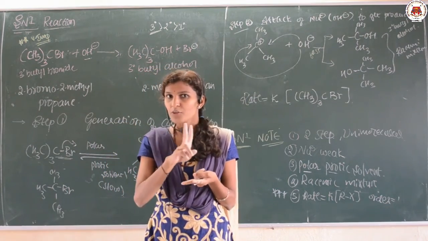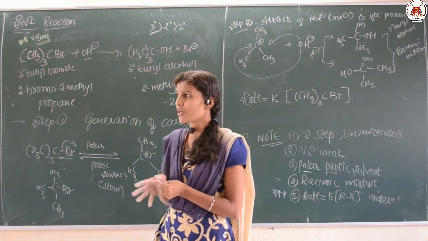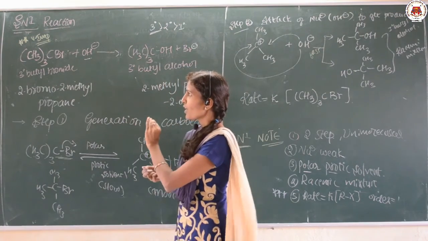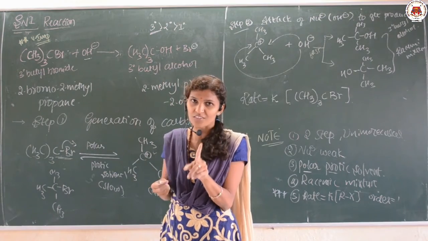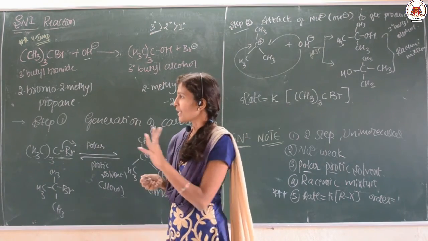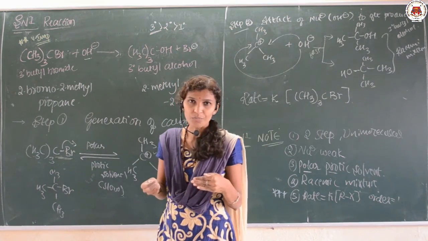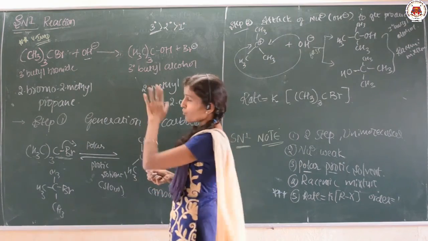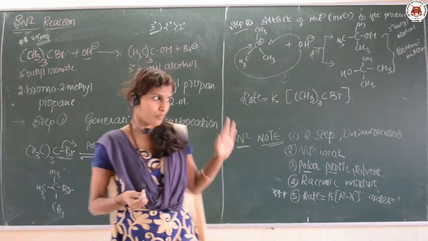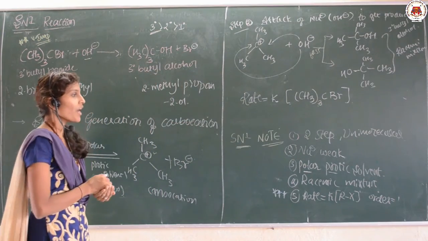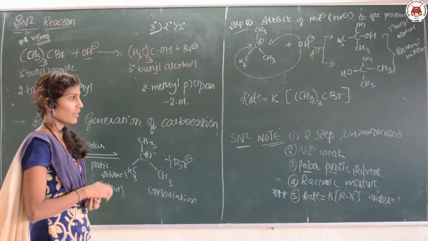In that, SN2 and SN1 are very important, and be aware that SN2 is a single step with the formation of a transition state, and SN1 is a two-step reaction where a carbocation is generated. So just follow the video of both SN1 and SN2 and write the difference between them.